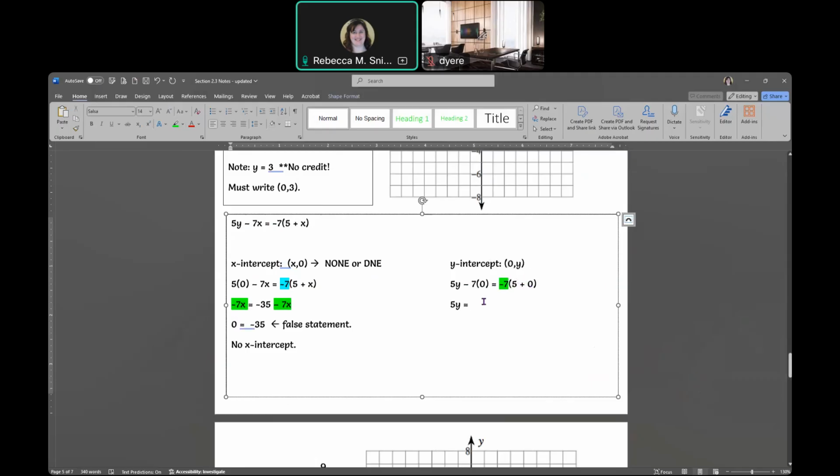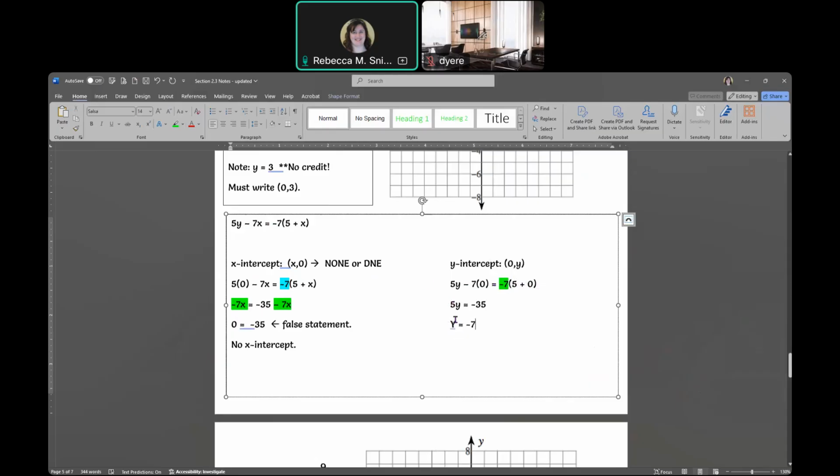So this just becomes negative 35 because 7 times 0 is 0. The last thing I would do is divide by 5 to get y by itself. So we're left with y is equal to negative 7.